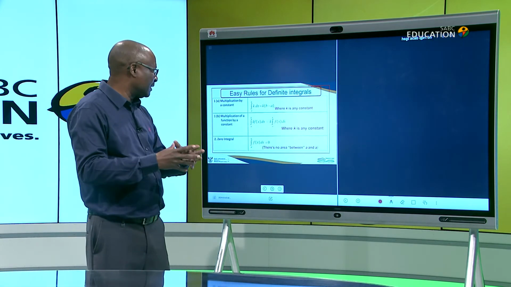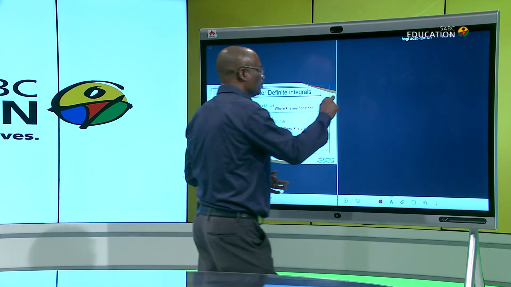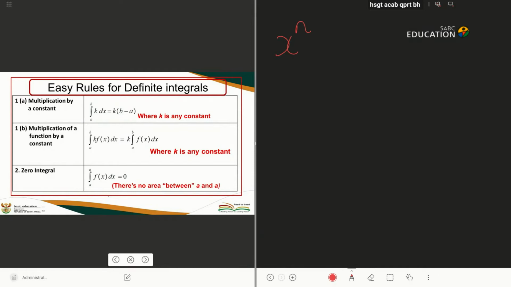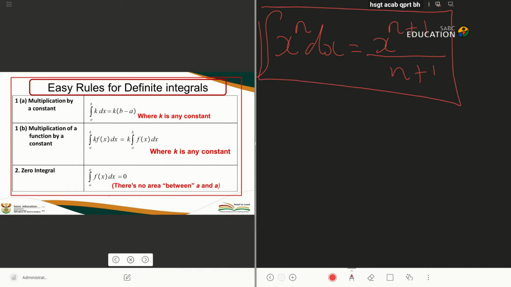We do the normal integration process, like if you are given x to the exponent of n, then the integral of x to the exponent of n in terms of x will be x to the exponent of n plus 1 divided by n plus 1. This is the standard rule that we need to always remember, that we are going to apply throughout.